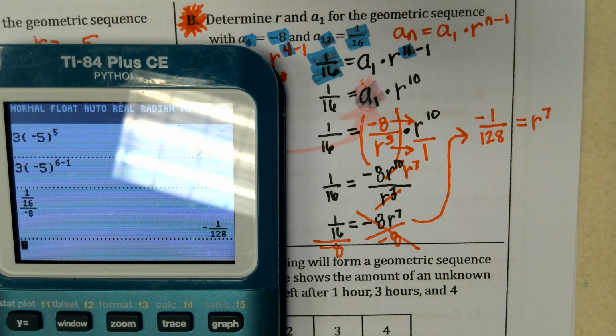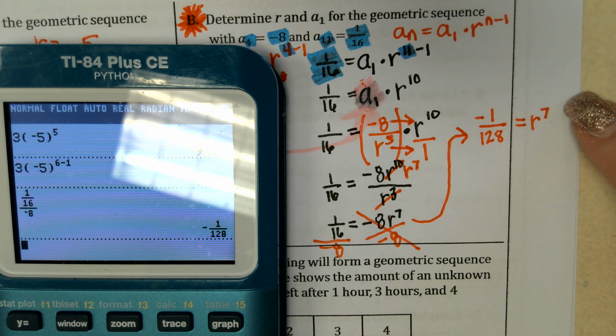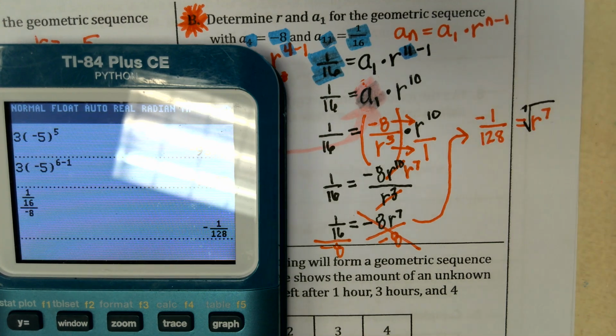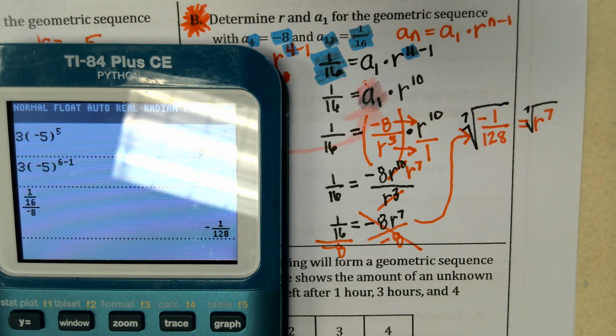Square root. If this were r cubed, what would I do? Cube root. So if this is r to the 7th, I'm going to do the 7th root. Okay? So I'm going to take the 7th root of both sides of this equation.